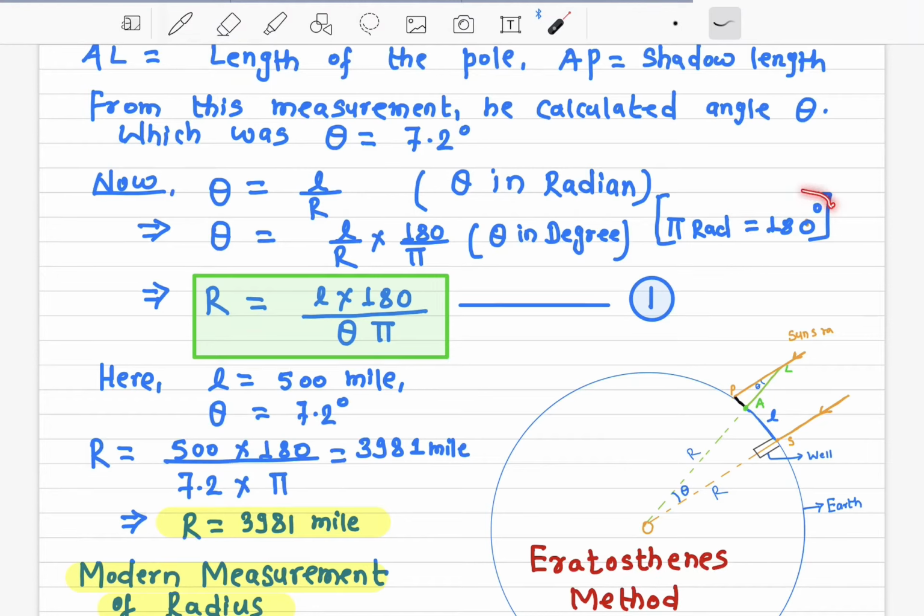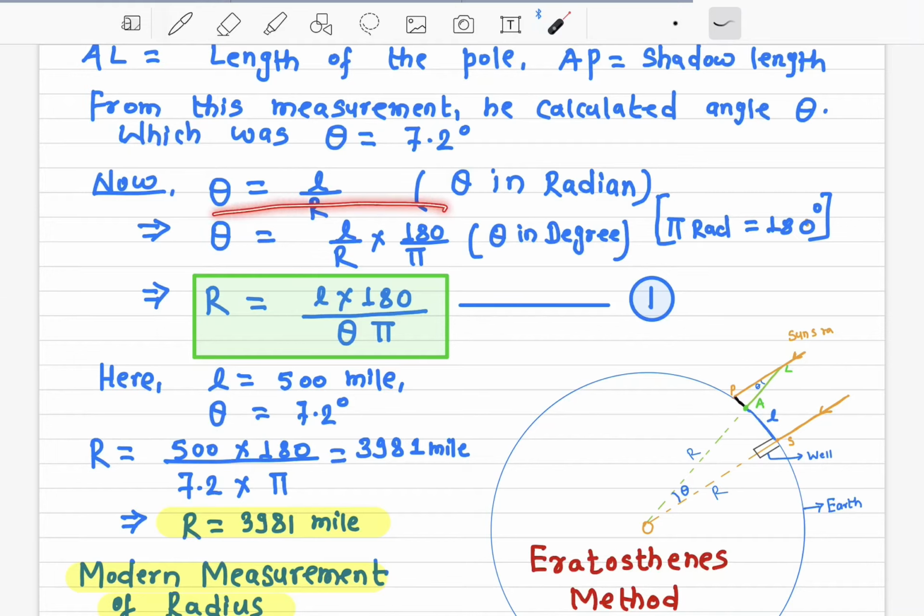You know that pi radians is equal to 180 degrees, so you simply multiply by 180 over pi. In that case, theta will be in degrees now.